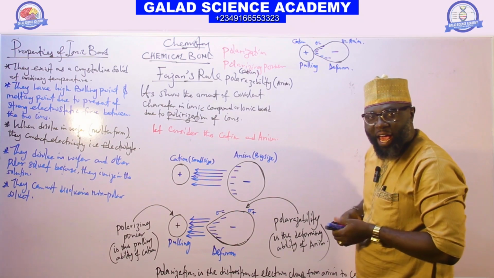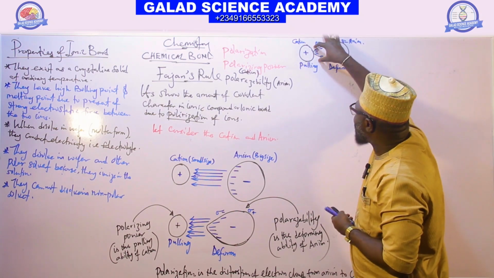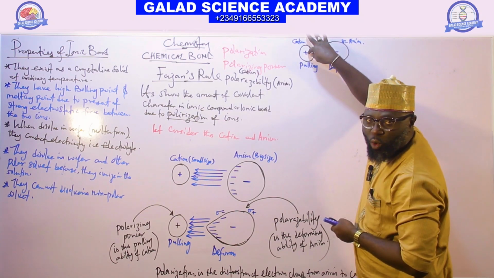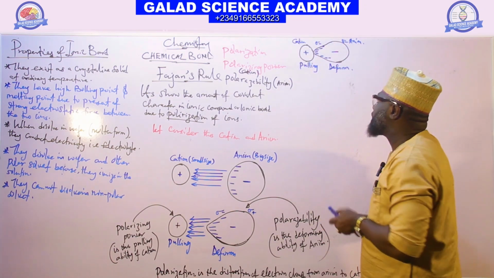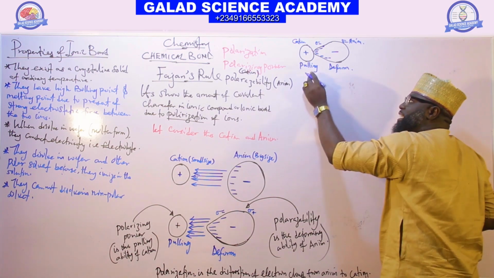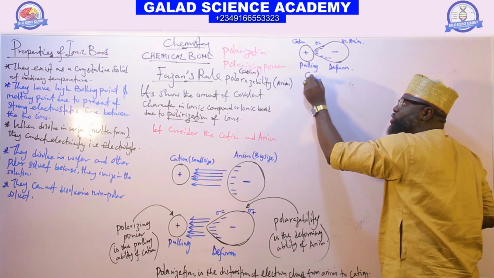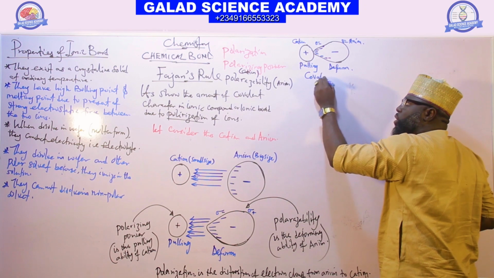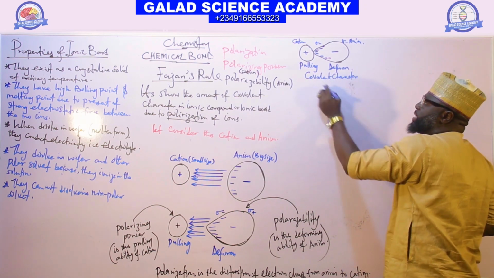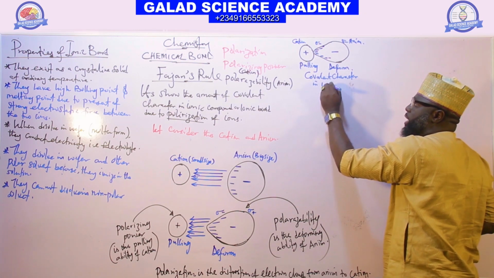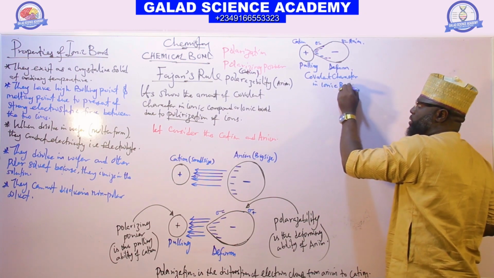So the negative charge is shared with this cation. That is what we call covalent character in ionic bond.